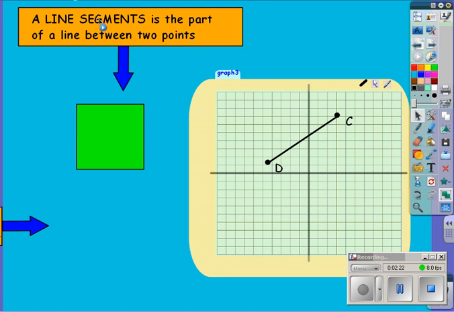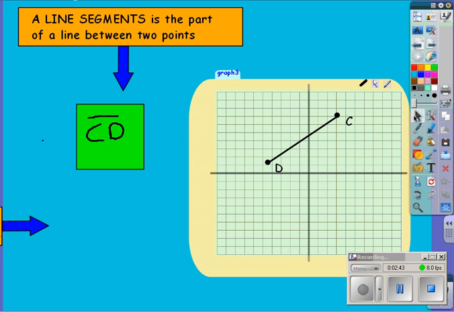A line segment is just between the 2 points. So when we talk about this line segment, we're talking about line segment CD, with a line above it. And notice no arrows on that line. It is just between point C and D.